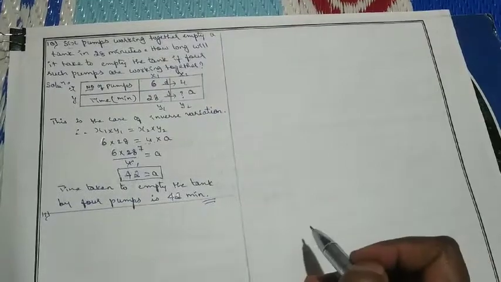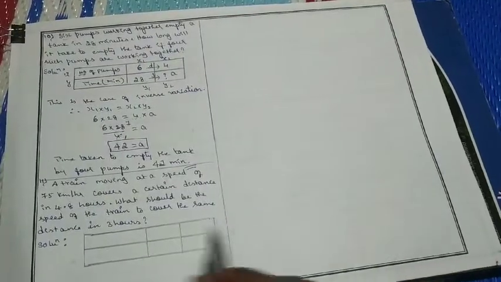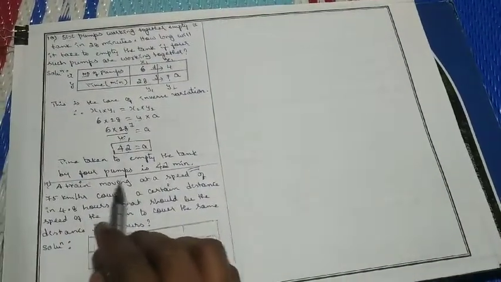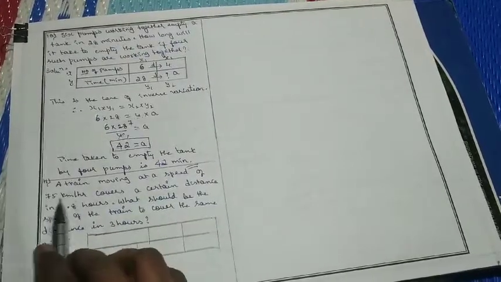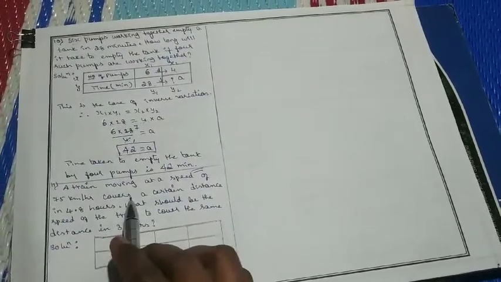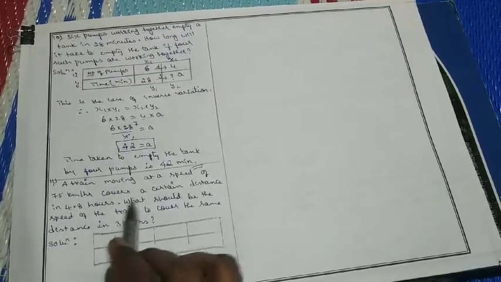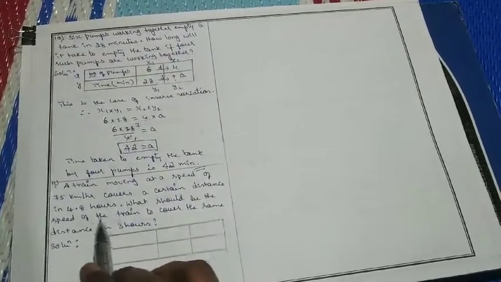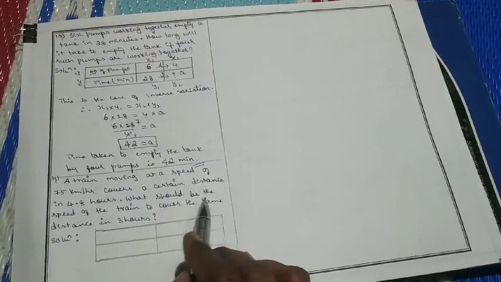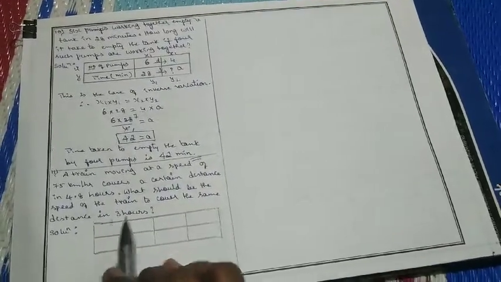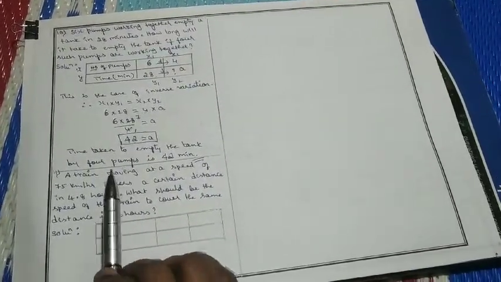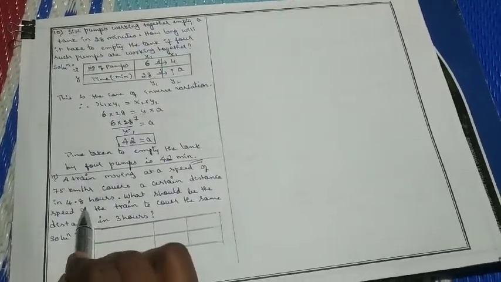Now let me move to 11th question. A train moving at a speed of 75 km per hour covers a certain distance in 4.8 hours. What should be the speed of the train to cover the same distance in 3 hours? So here the two quantities given are the speed and the time.